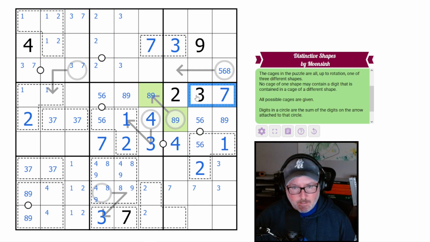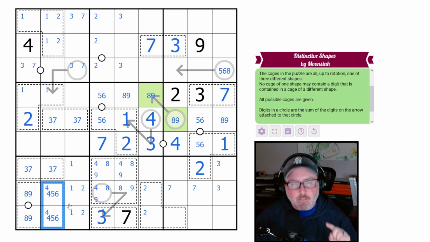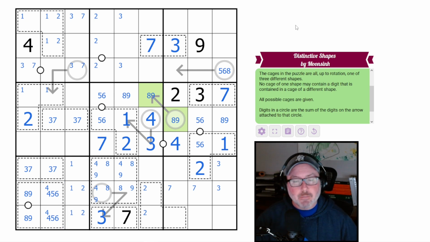It's not in this one, so therefore it must be in here. So this is from 4, 5, or 6. I'm going to put that in for now. We don't know which one it specifically is still, but we're getting there. We're starting to put the pieces together a little bit. We know one of these is a 1. We know the other one is the 5 or the 6. So we're going to have to figure out which one of those is which.